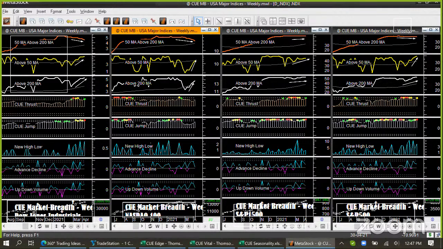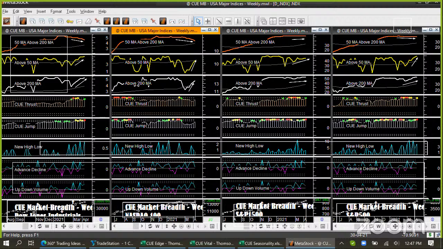If we look at the other market internals like new high low, that was bullish all along. It never declined, never turned bearish. Advanced decline and up down volume, they were showing bearish divergences earlier, and I mentioned in my webinar a few weeks ago that the bearish divergence had played out, and now the new high low was always bullish.